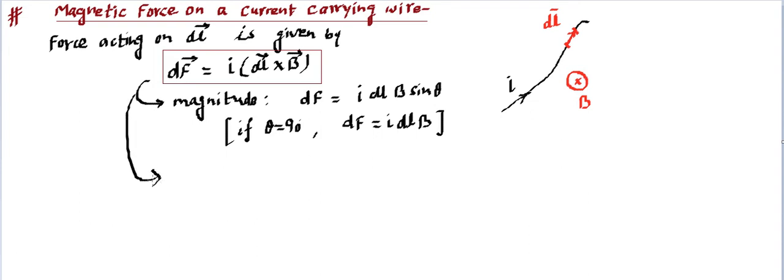And next point that we need to cover is direction. So how we can cover that direction? A direction can be calculated by using the cross product, because the current is always positive, so it does not carry any sign.